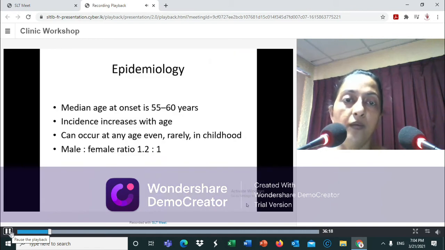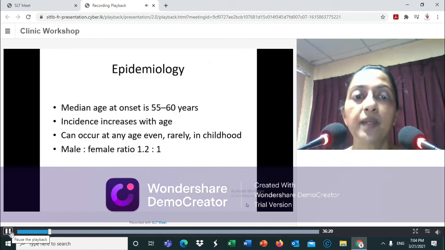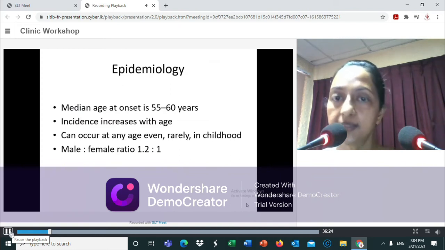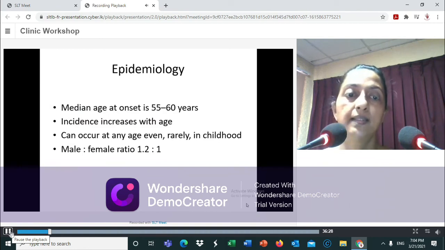In polycythemia vera, the median age is between 55 and 60 years, and the incidence increases with age, but this can occur at any age, even rarely in childhood. There is a slight male predominance, 1.2 to 1.